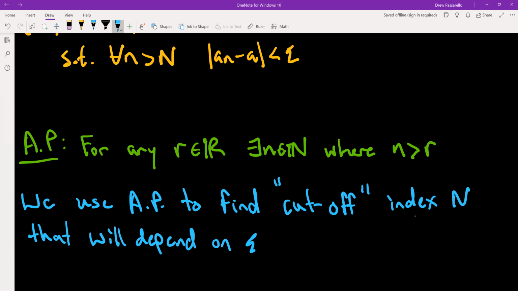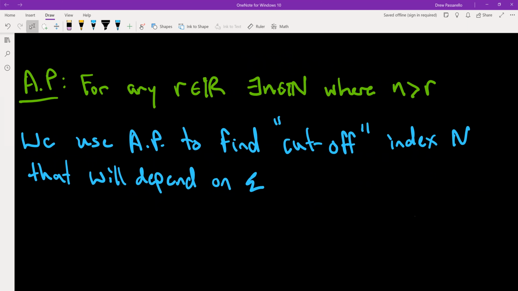That will depend on epsilon. Okay, so that's how we're going to do these, and I'll first go through a thought process to find that index capital N.